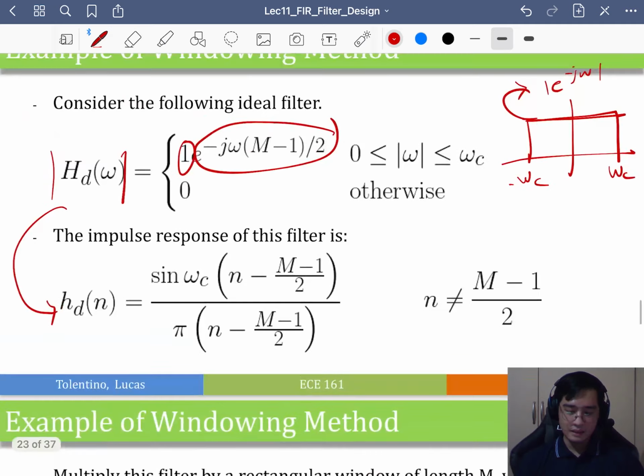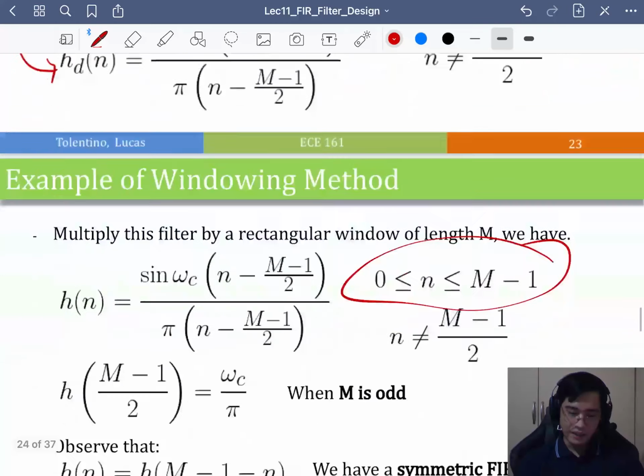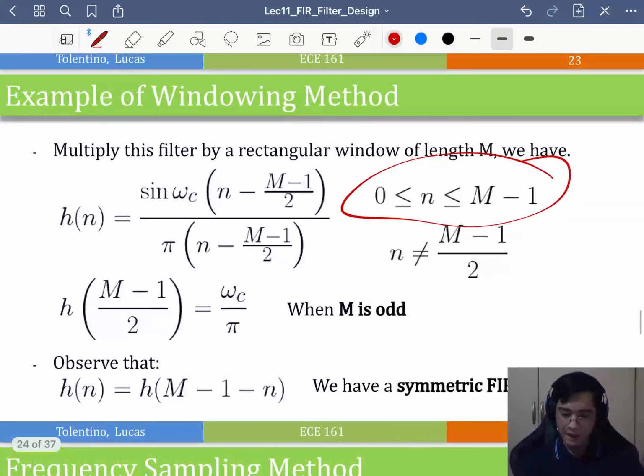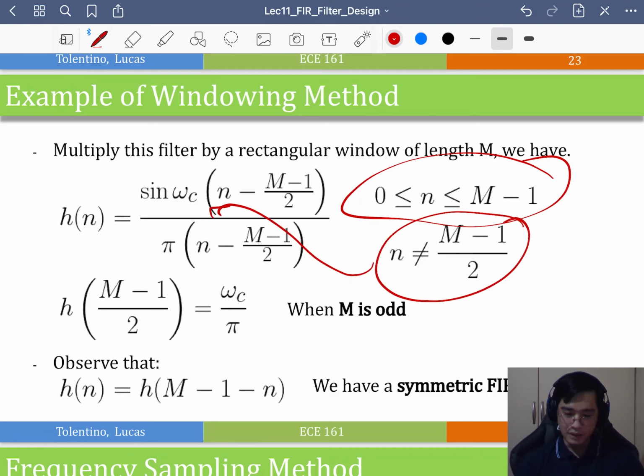And when n is equal to m minus 1 over 2, I think we have a 0 over 0 here, so we need to do L'Hopital's. But when you do that, we have this value.